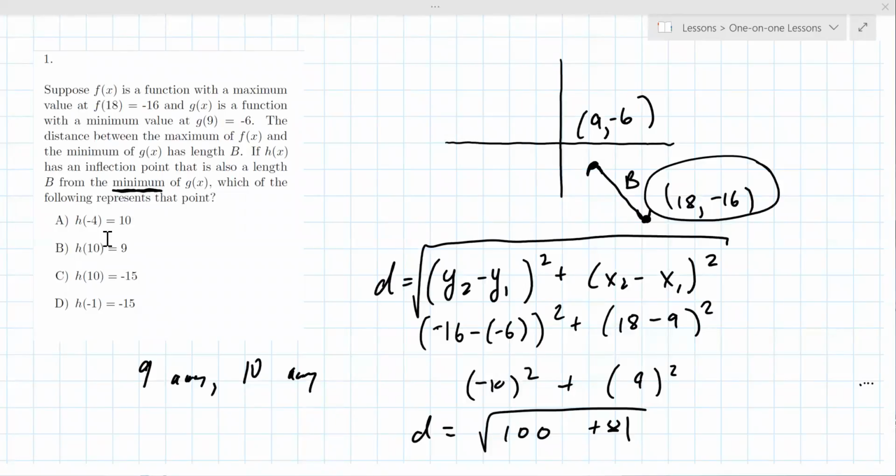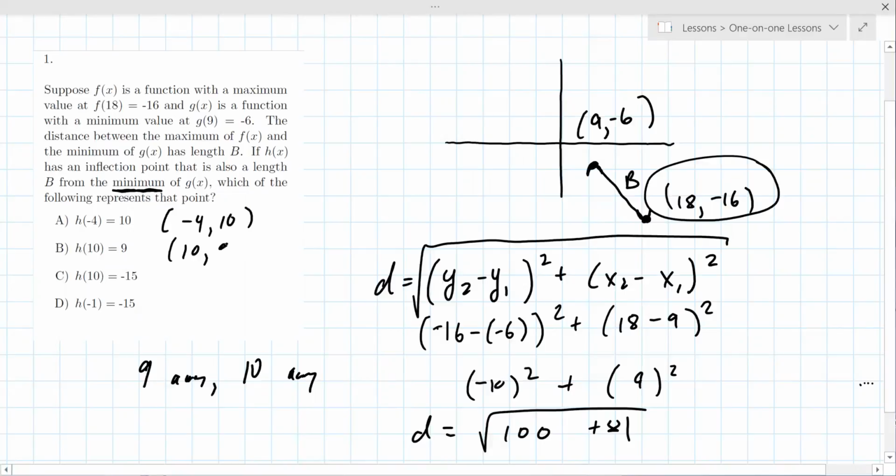It's 14 away, and then 10 is really far away from minus 16. So it has to be 9 away from 18, is what you're saying? Well, it gives us an idea of kind of where to start. It can't be too much of one or another. Because you could just try each of these points. Like this is the ordered pair: minus 4 comma 10, 10 comma 9, 10 comma minus 15, and minus 1 comma minus 15.